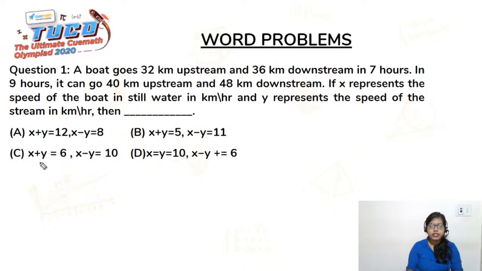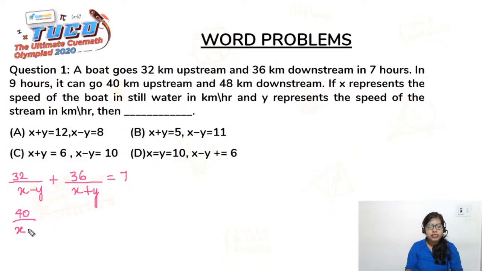So we had got 32 over x minus y plus 36 over x plus y, which is equal to 7. And the second one was 40 over x minus y plus 48 over x plus y, which is going to give us a 9 here. Okay. Now based on this, it's very difficult to calculate the values of x minus y and x plus y in this way.